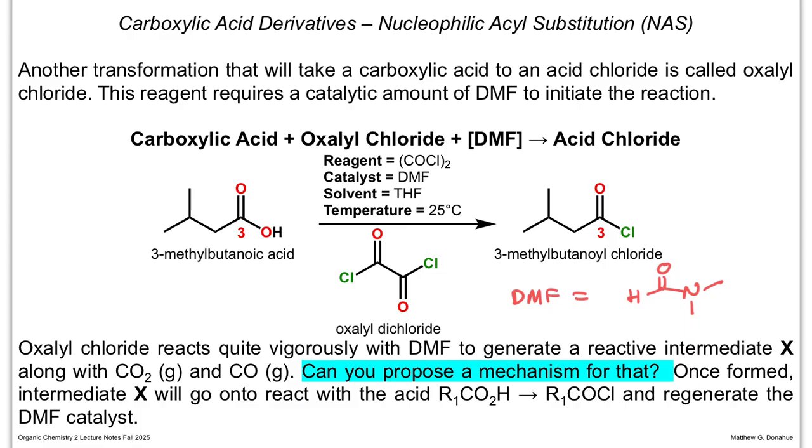It'll get to a point where no more gas is evolved and you can be certain that it's complete. So let me run through some arrow pushing on how those two things form the intermediate that reacts with the acid.